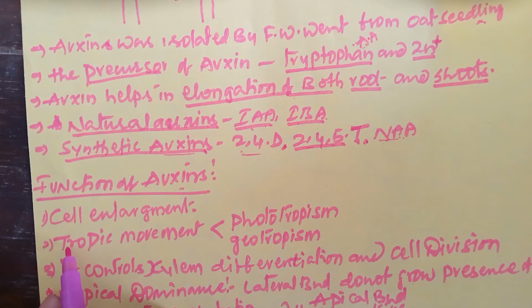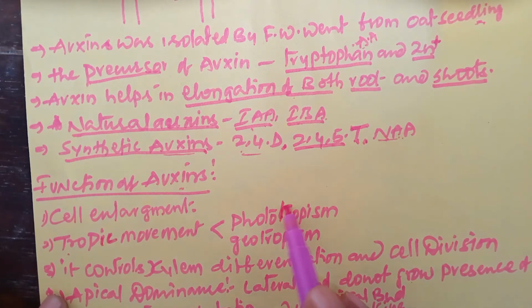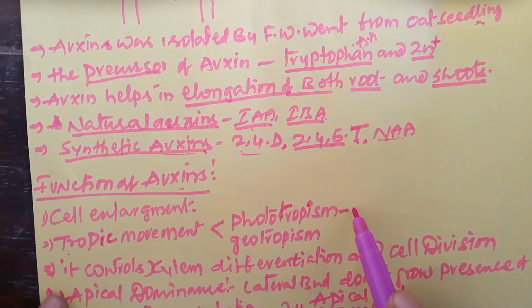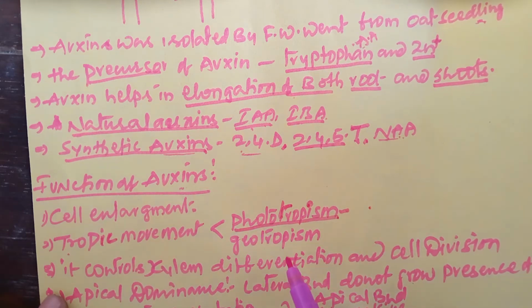The second function of auxin is tropic movement. Tropic movement means movement of the root system and the shoot system. The movements are majorly of two types: phototropism and geotropism. Phototropism means the stem grows towards sunlight, a type of movement towards light.